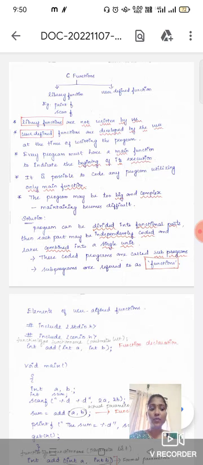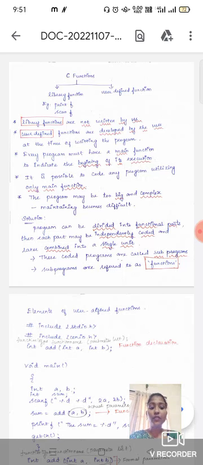So as we know, the main function is the indication for the beginning of execution. And so far we have written programs utilizing only the main function. Sometimes the program may be too big and complex and we can't identify where the error is, so maintaining becomes difficult for us.